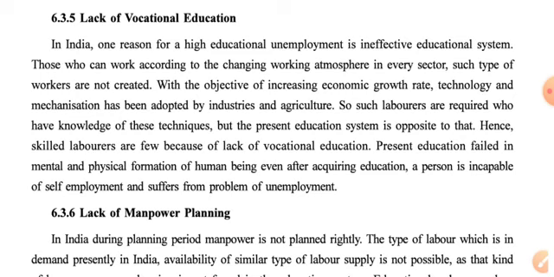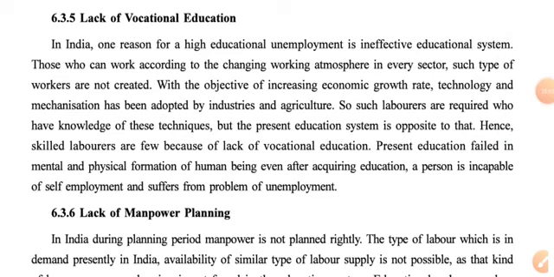With the objective of increasing the economic growth rate, technology and mechanization have been adopted by industries and agriculture. So such laborers are required who have knowledge of these techniques, but the present education system is opposite to that. Hence, skilled laborers are few because of lack of vocational education.